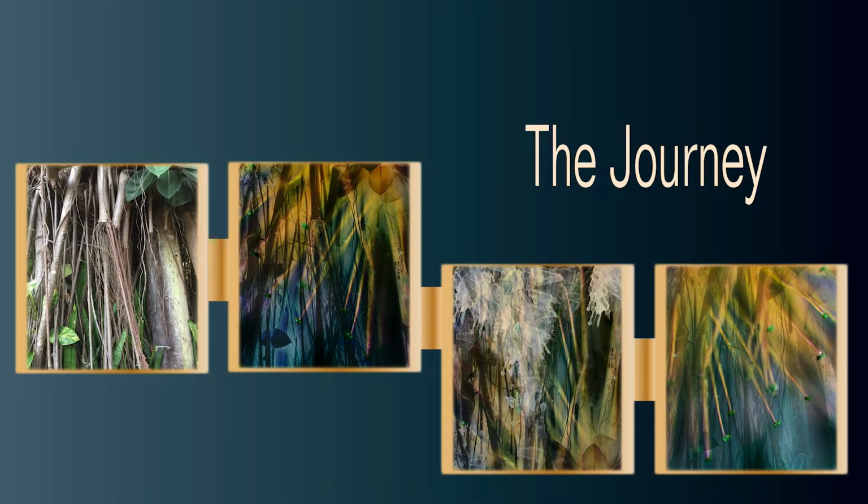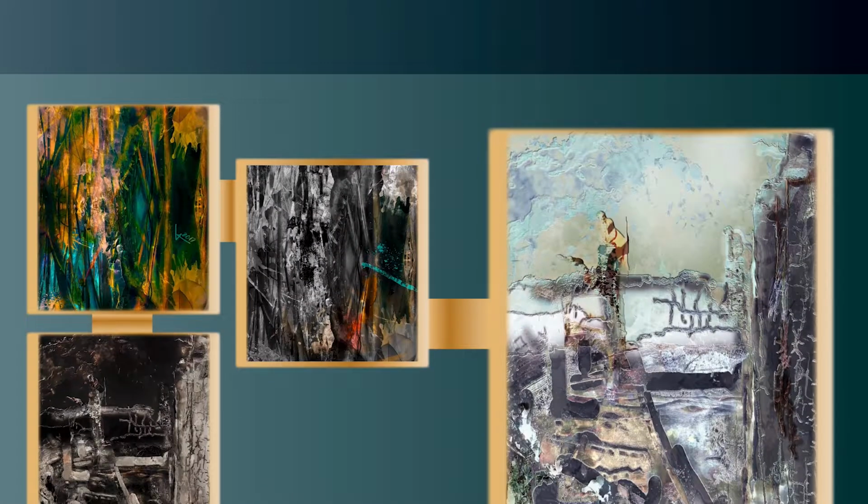I thought it would be interesting to show you the journey, the development of one image. This one here is the original image, and everything else is based on it. And it shows you the development into a surreal and then into a completely abstract direction. So here we go.